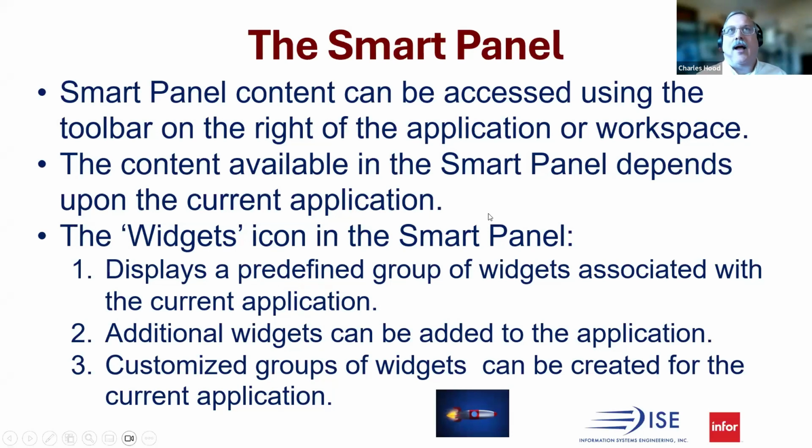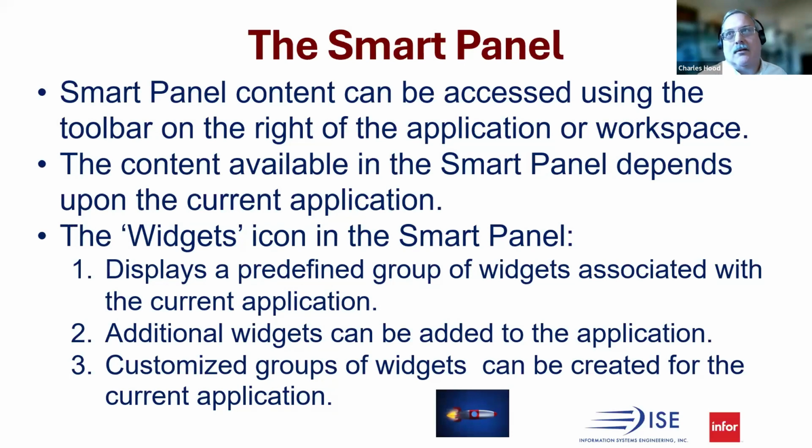So you can access smart panel content using the toolbar on the right of the Infor OS screen. What's available there depends on the current application. And then there's a widgets icon on the smart panel, and what it does as a user is display the predefined group of widgets associated with your application.